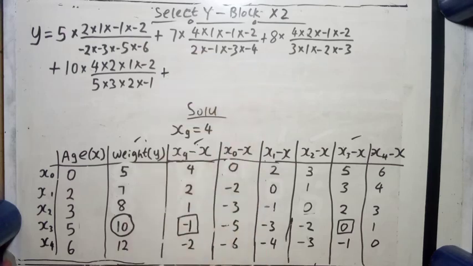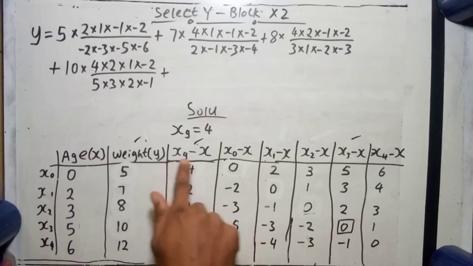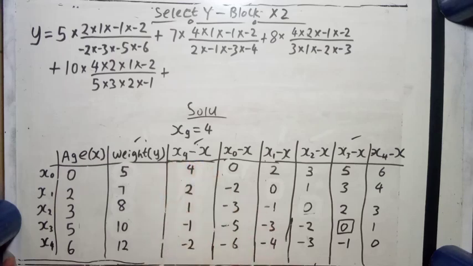The same thing. So I hope you have gotten the idea by now. When you select this y value and you block this x minus x value, the next one that has 0 on that row, you block it, and that column that has that 0 is the one you'll be making use of. So in this case, we will select this, block this, and select and block this.